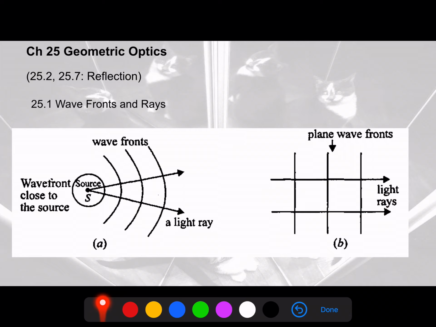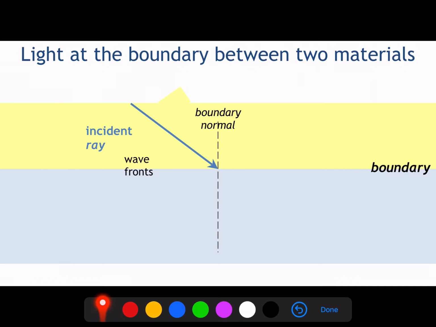In today's lecture, we're only going to introduce reflection, and we will do more examples with reflection in the next lecture, and then we'll move on to refraction. So what am I even talking about? If you're using this ray model, you can imagine a ray of light coming in and striking some boundary between one kind of material and another.